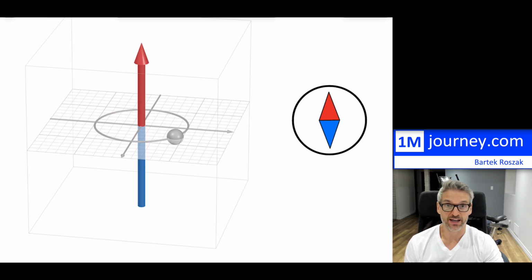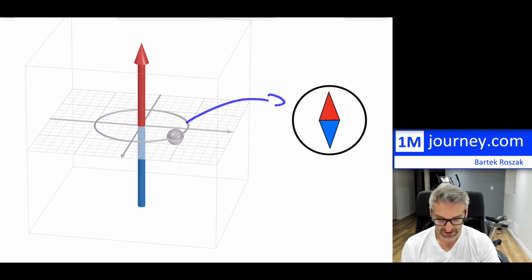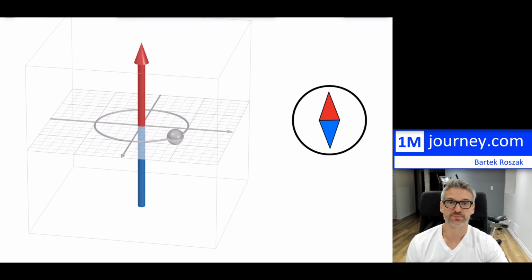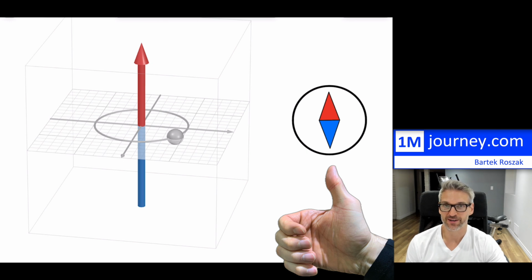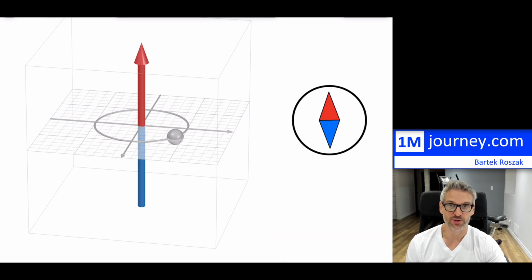So this will act like a magnet, like a little compass. And why is that so? Remember that if a charge is moving, you can use your right-hand rule, and if it's a proton, you can see exactly where that would be. That's why it's pointing upwards.